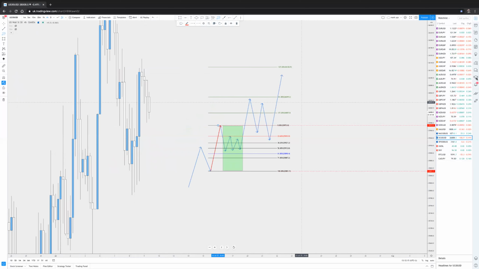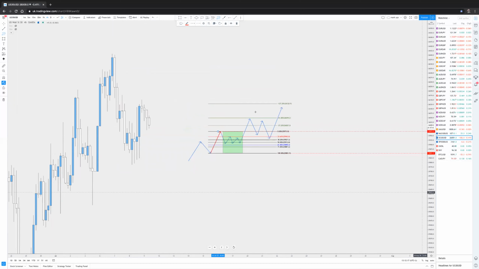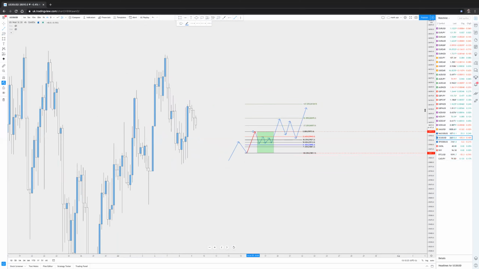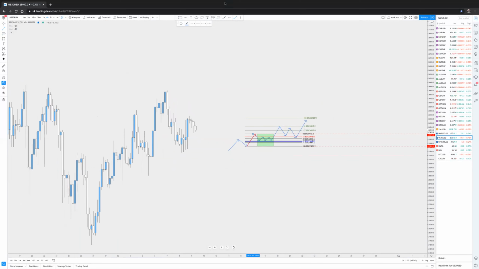So for instance, something like this, we take this as one straight push to the upside because we don't count that as a pullback and we don't count that one as a pullback. So we're just counting that as one straight push, right?